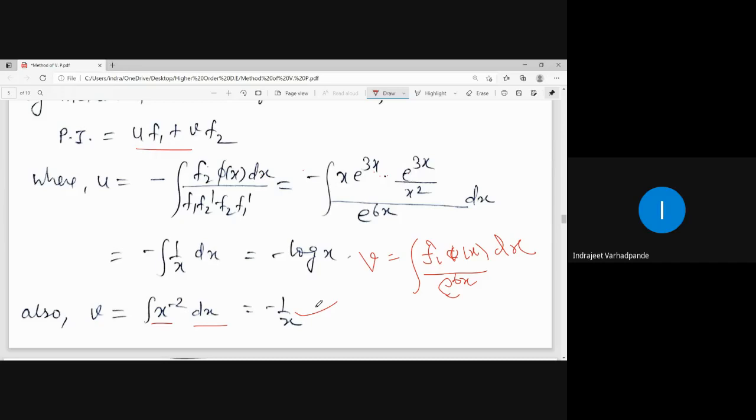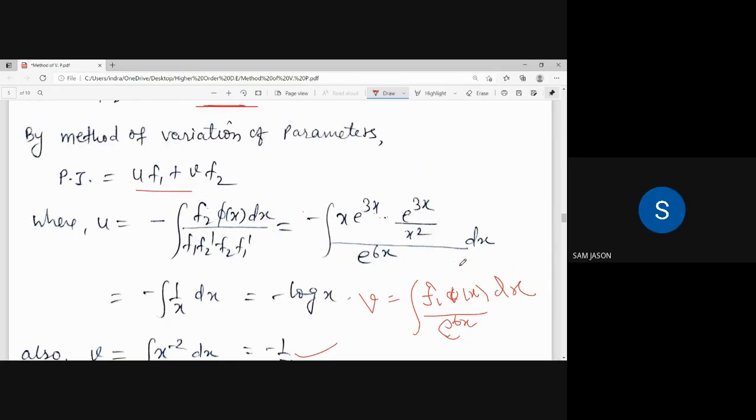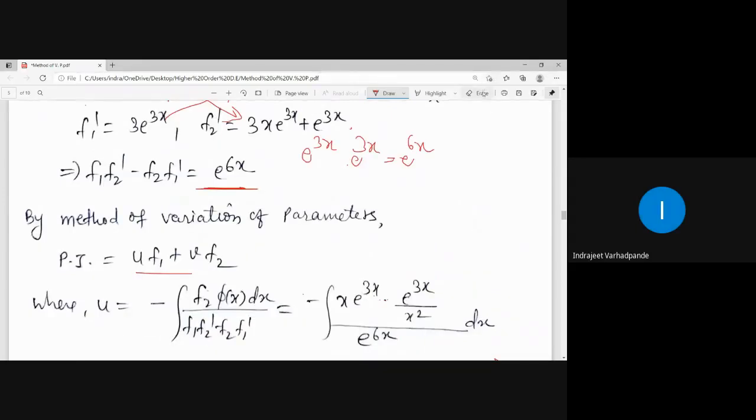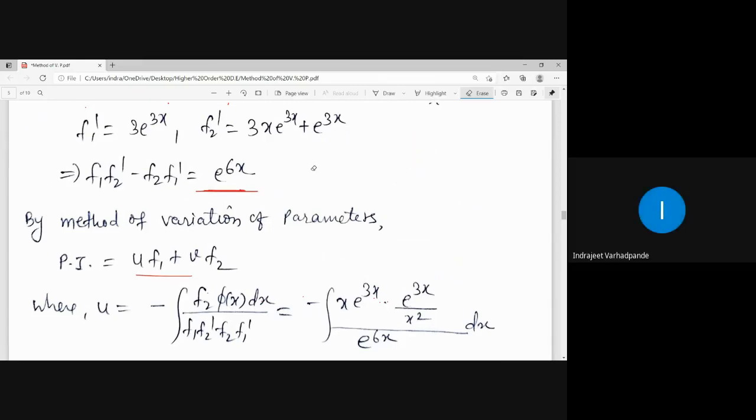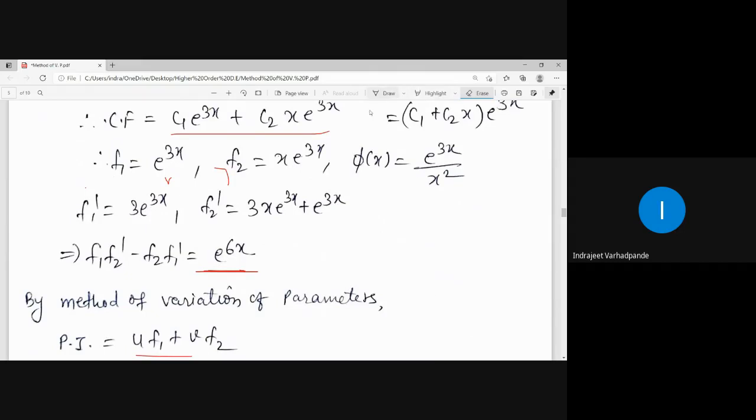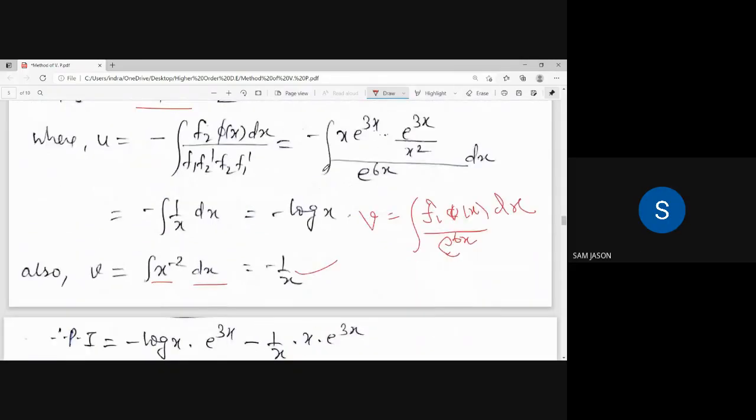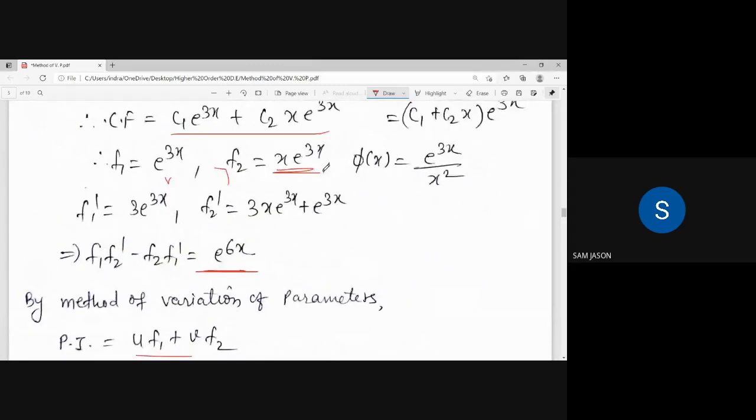So F1 F2 dash, sir, scroll up a little. What do you need to write? Sir, let me check the value of F2. You have written F2 is x e to the power 3x. Sir, the value of F2 dash is 3x e to the power 3x plus e to the power 3x, right?